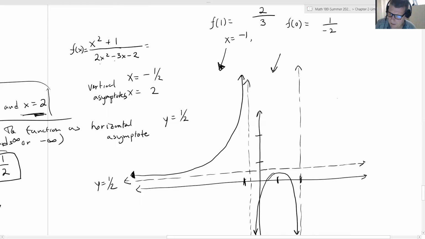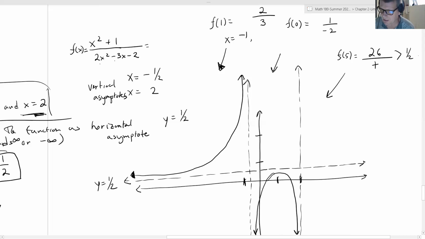And then finally we need one over here. So let's choose like 5. We know that's going to be positive, but let's choose f of 5. f of 5 is going to equal 26 divided by 50 minus whatever, 26 divided by some positive number, and a positive number greater than 1/2.